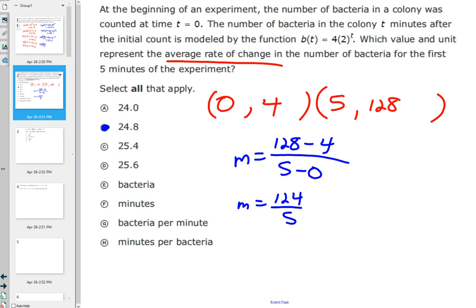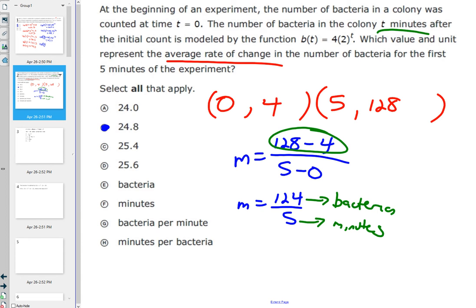And then remember, it's a rate of change. Slope is a ratio. It's a comparison of 2 numbers. What were we measuring on the 124? What were the 128 and the 4 measurements of? Bacteria. And then what was the 5 a measurement of? It was time, and time was being counted in minutes.